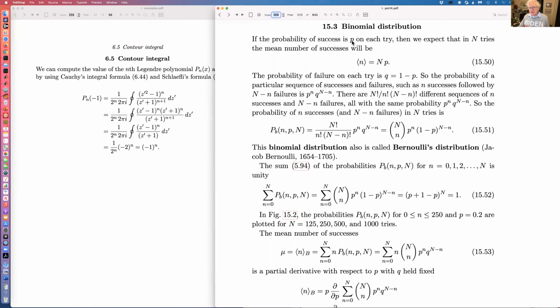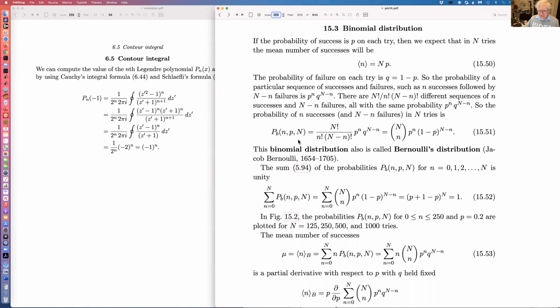If the probability of success is p on each trial, then in N trials, your average number of successes is clearly going to be the number of trials times the probability of success. And the probability of failure on each trial is 1 minus p. So what's the probability of success on little n trials?